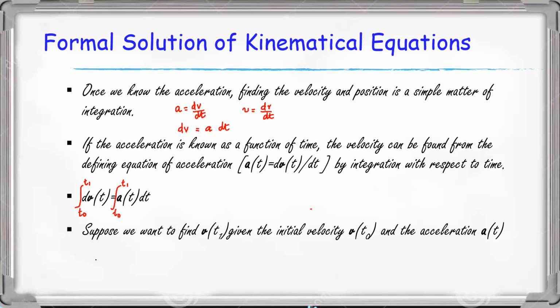I write here, first I integrate the left side of the equation. What will be the integral of dv? The integration variable is v, so we can consider that it is the integral of 1 dv.